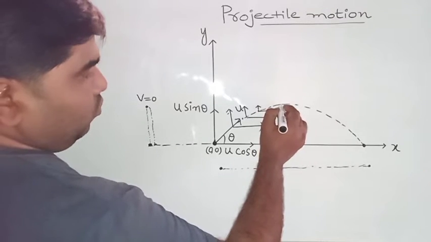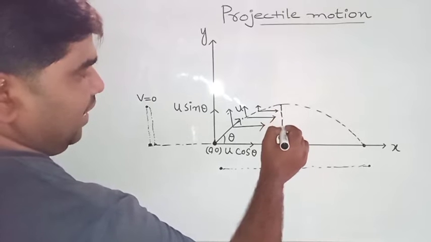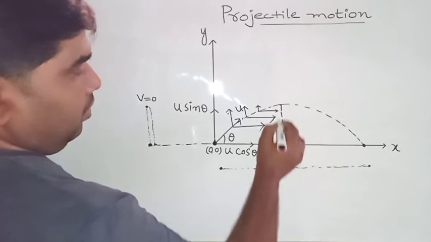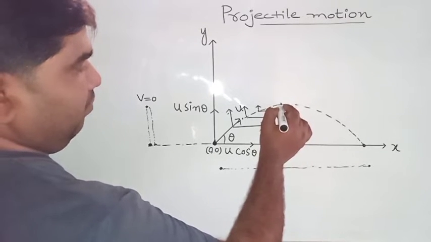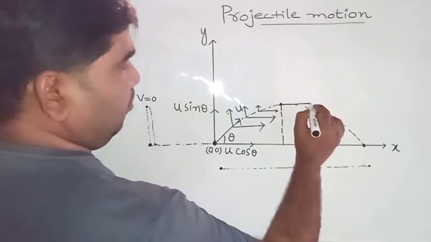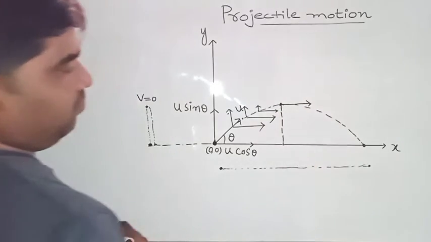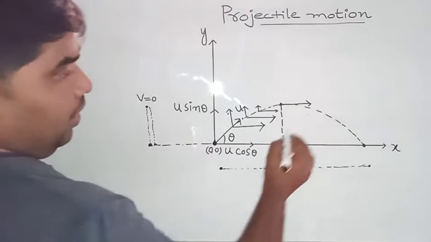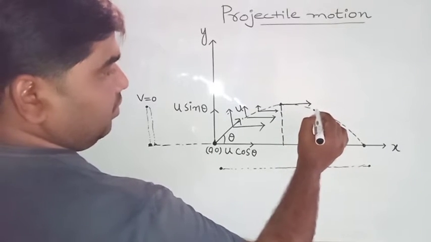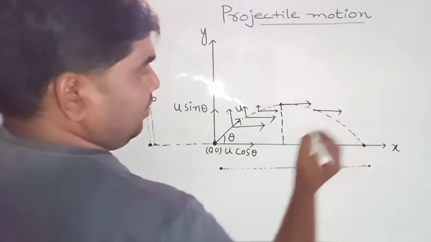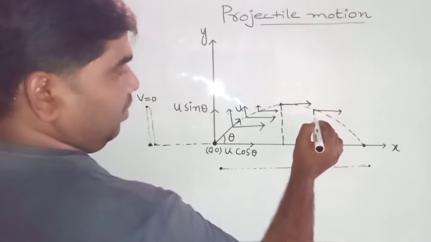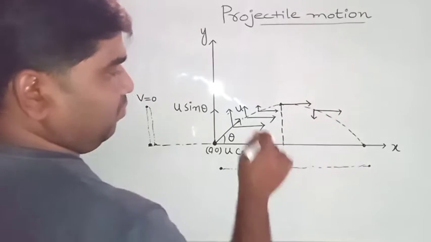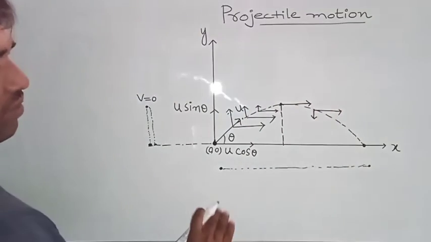When it comes to exactly the maximum height, here the vertical velocity is 0, but the horizontal velocity is the same. Again, when it comes to here, the horizontal velocity is the same, but the vertical velocity increases when the object moves in the downward direction.